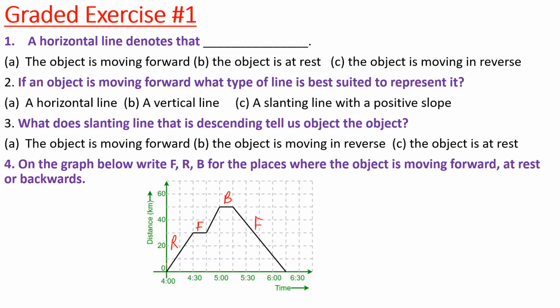These are not the correct answers. But put the letter on the graph wherever you think the object is at rest, moving backwards, or moving forward. Do you understand what I mean for this part? Yes, sir. So you have to put the letter on the correct area, right?